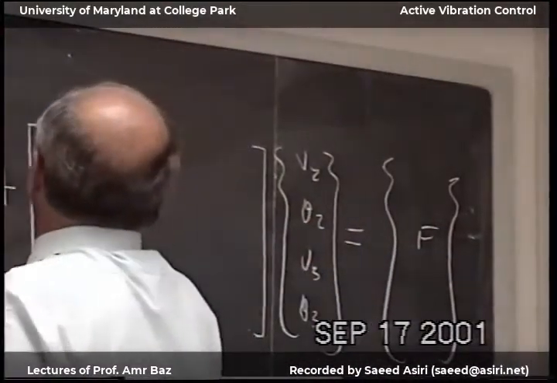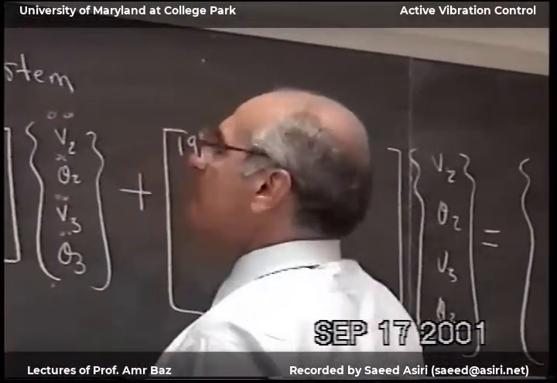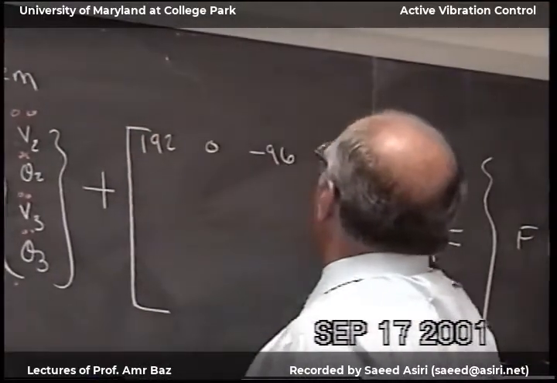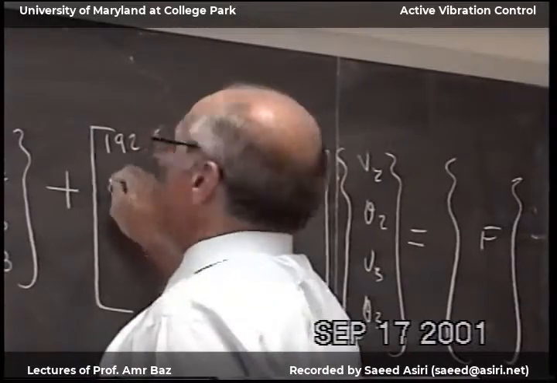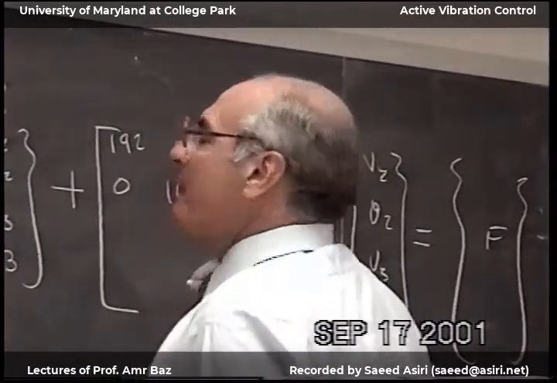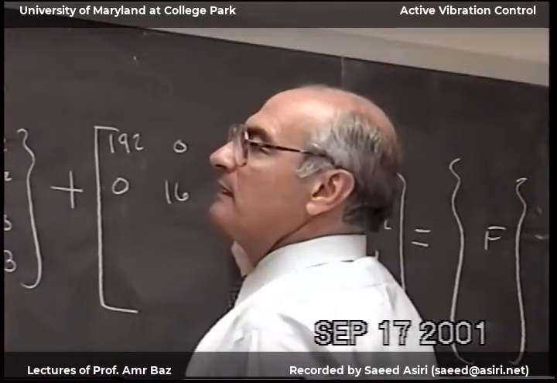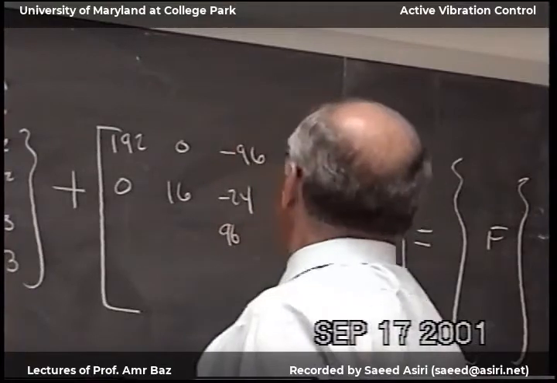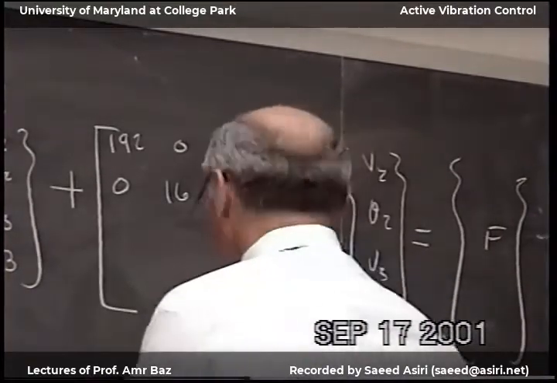So we have 192, 0, minus 96, and 24, and then 0, 16, minus 24, and 4, 96, minus 24, and 8.